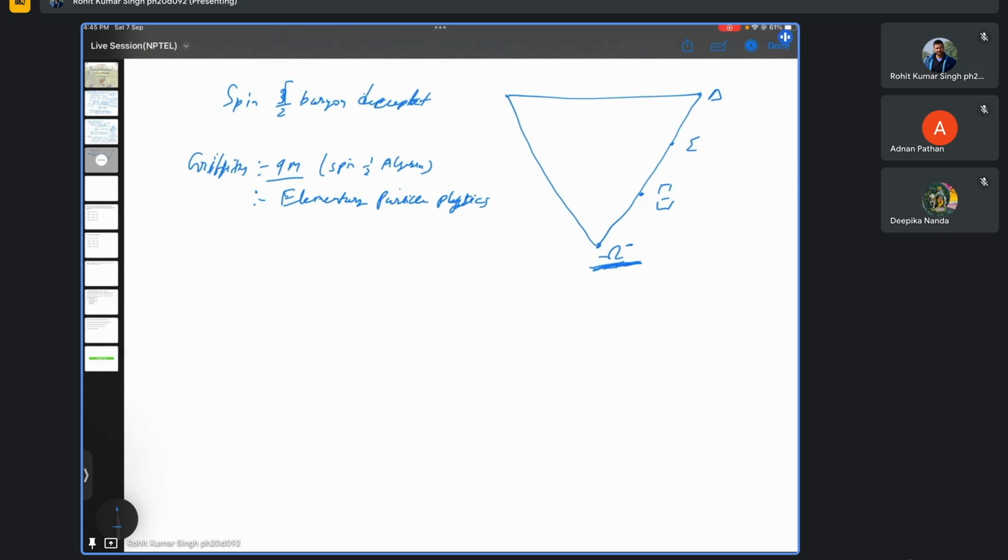Or you can read Halzen and Martin's Quarks and Leptons book. Okay, so these things you can read, and you can get some more insights.